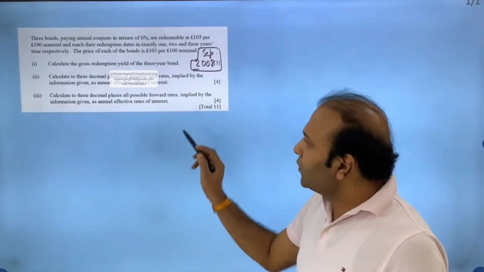The price of each of the bonds is 103. Calculate the gross redemption yield of the 3-year bond.